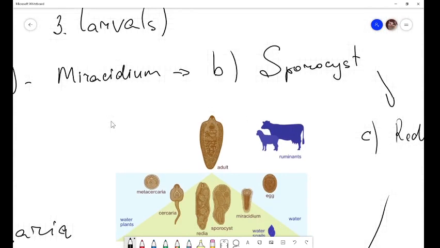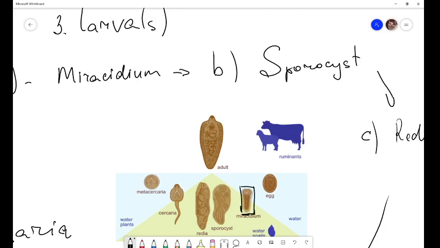Miracidium, a pyriform ciliated organism with anterior boring process, primitive gut, penetration glands, flame cells, germinal cells, eye spots, and it looks like a little worm.